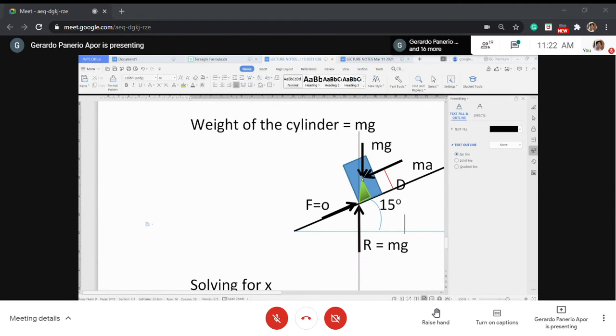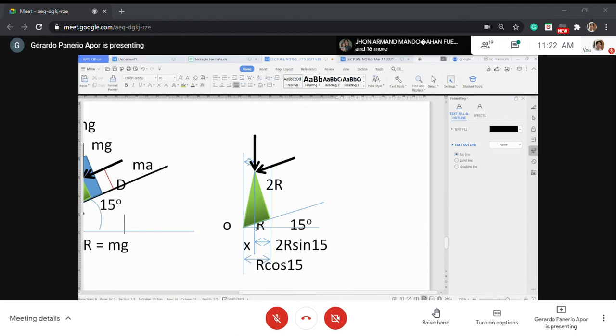Now the height also, okay. This is R. If this is R, then the horizontal is what we call R cosine of 15 degrees, because the angle between them is 15 degrees. So this is R times cosine of 15 degrees, the horizontal distance. The inclined distance is R. Now the inclined distance of this also is 2R.